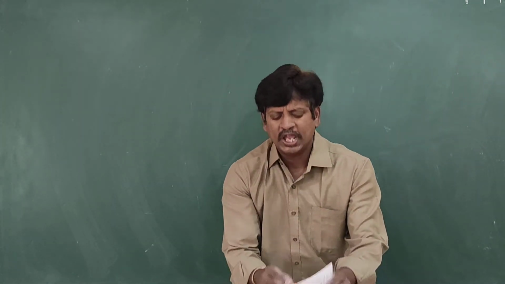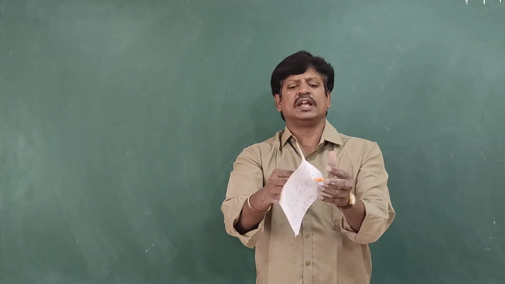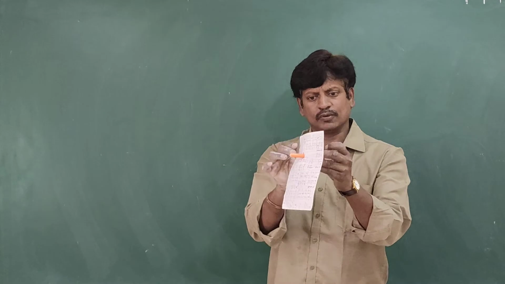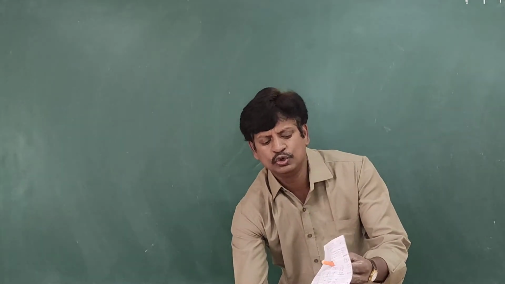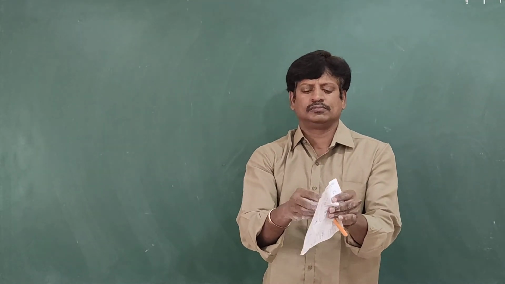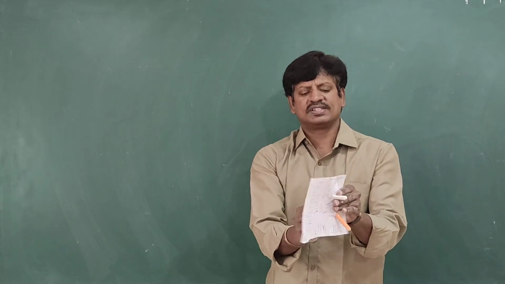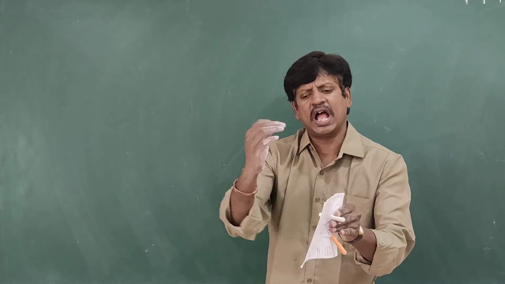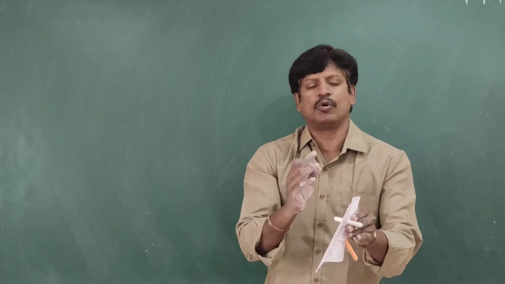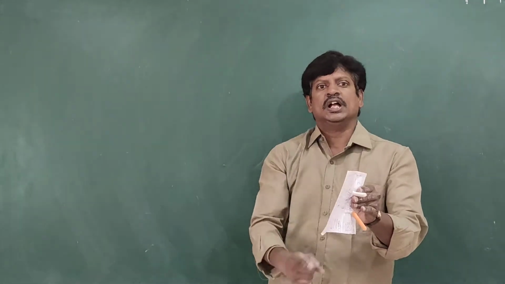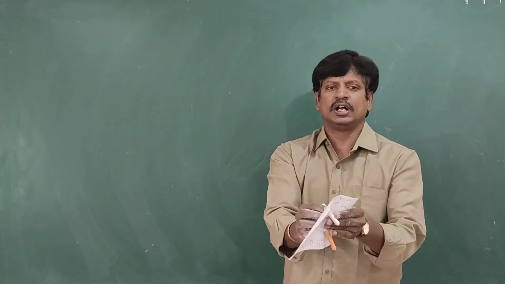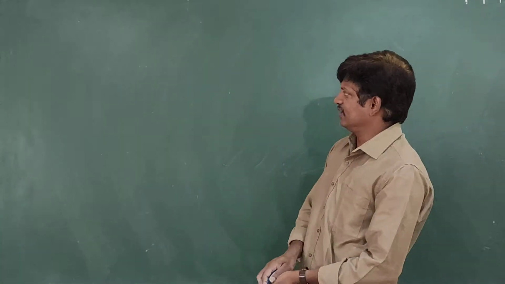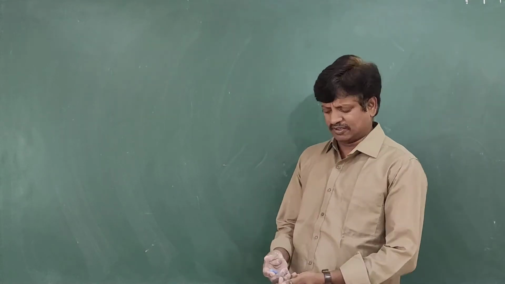So if one line is crossing the area like this, what is the electric flux? 1. Now 2 lines are crossing the area. What's the electric flux? 2. And so on. Each and every line cutting the area must be counted. If they are not cutting the area, you cannot count them. Is that clear?